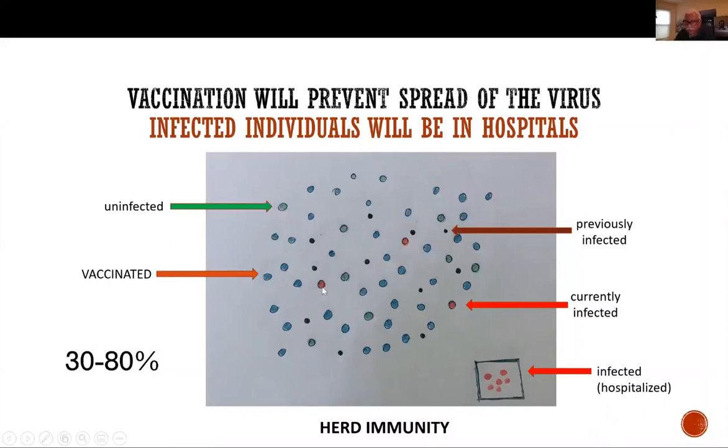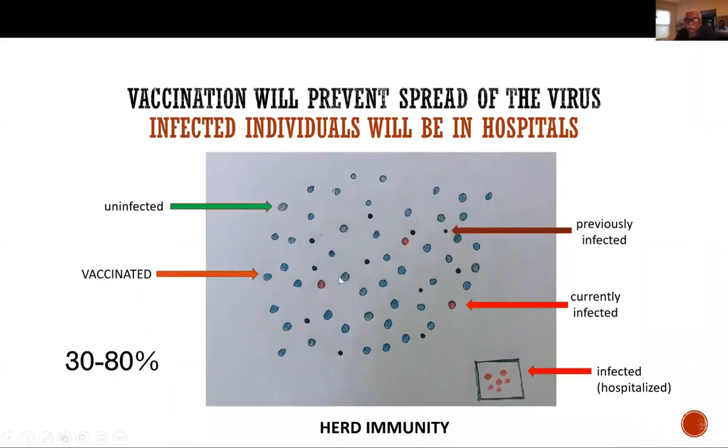So just look at this red dot in the middle. This red dot infected person will infect this green dot uninfected person. There's no choice. That person will definitely be infected. We know that. If you get exposed to this virus, you will get infected. That is why we have social distancing, right?